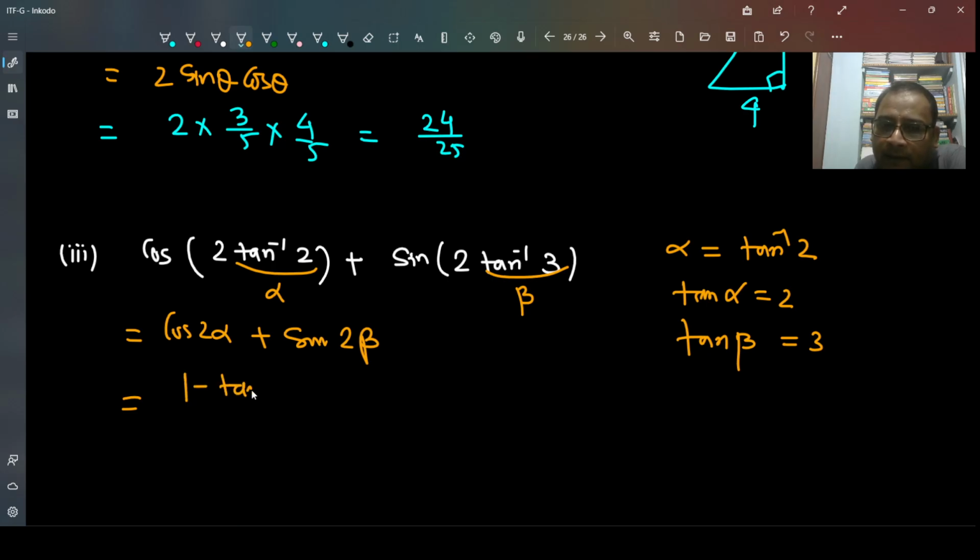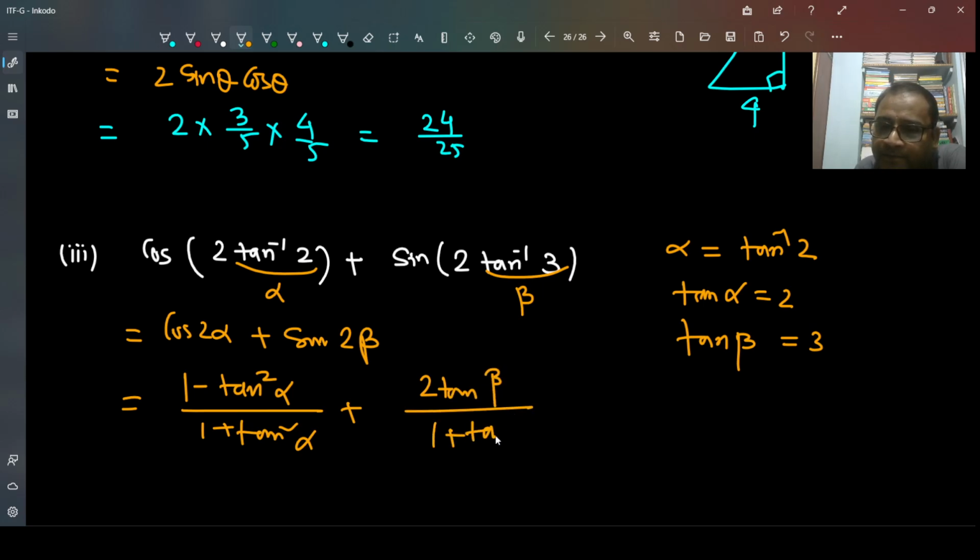So I will apply here the double angle formula. 1 minus tan square alpha over 1 plus tan square alpha, and here I am applying 2 tan beta divided by 1 plus tan square beta.